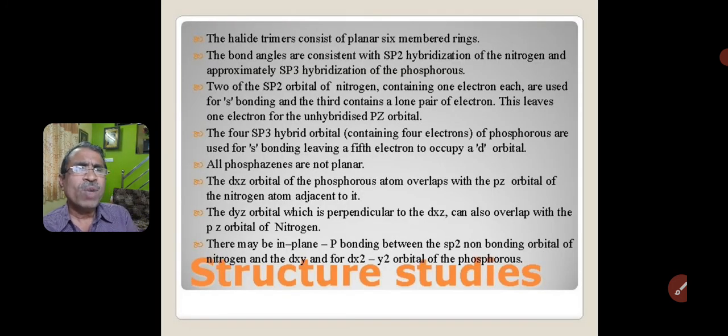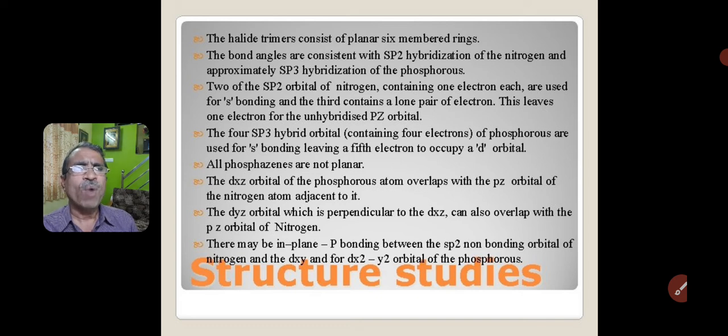Whatever I have said is written in this form. The halide trimers consist of planar 6-membered rings. The bond angles are consistent with sp2 hybridization of the nitrogen and approximately sp3 hybridization of the phosphorus. Two of the sp2 hybrid orbitals of nitrogen containing 1 electron each are used for sigma bonding, and the third contains a lone pair of electrons.